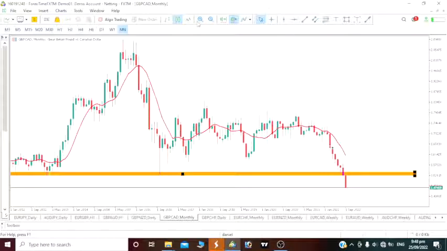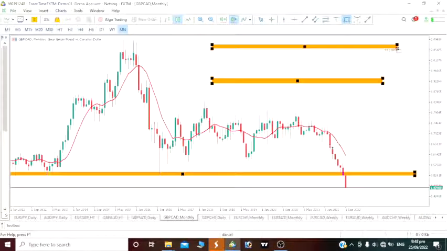And now we can see this recent movement. What we clearly can see is that the price has broken below the level. So we know that if you have a support area and a resistance area, and price is ranging within that area, and the price manages to break below the support area, it drops down very well, right?